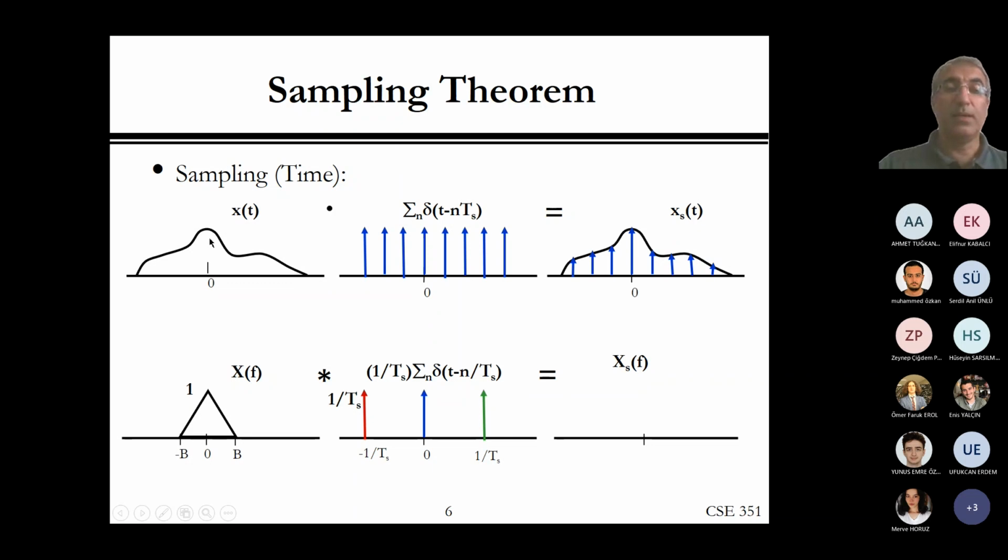Let's say this is my information x of t, which can be an image, video, voice, text, data, a cryptocurrency, the stock of a company, or the temperature of Gebze, and so on.